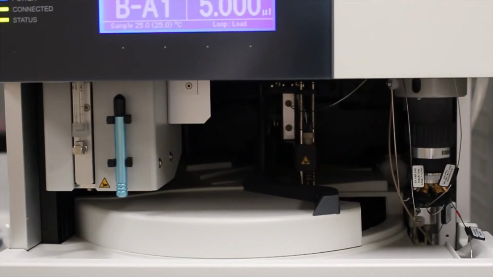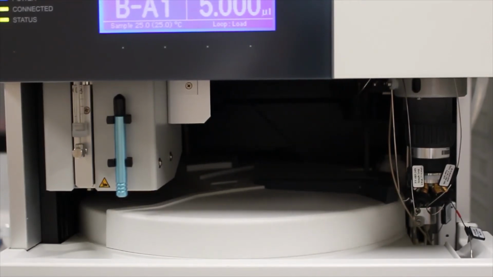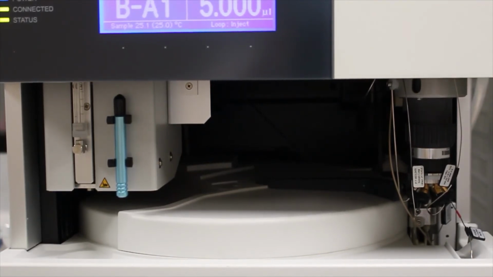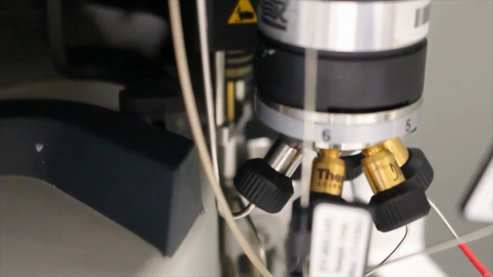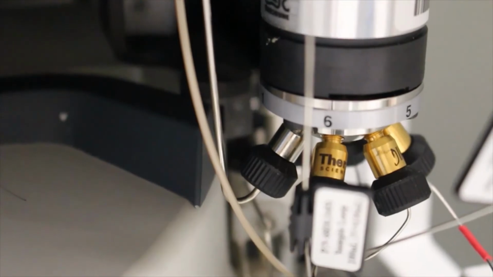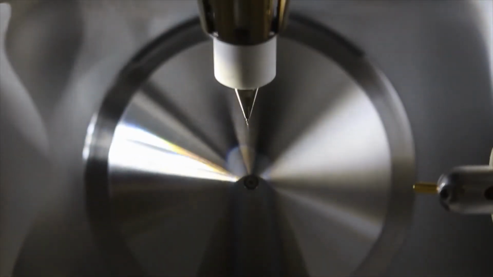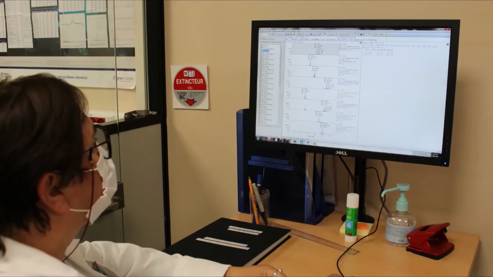At the start of the processing sequence, a robot arm takes a precise volume of sample to inject in the system. After injection into the system, the program is started.